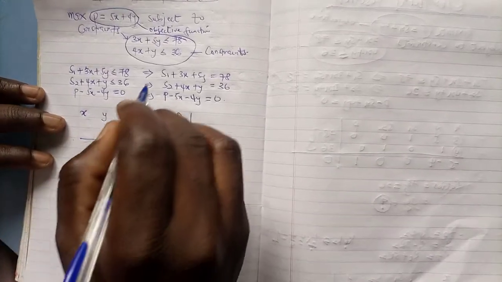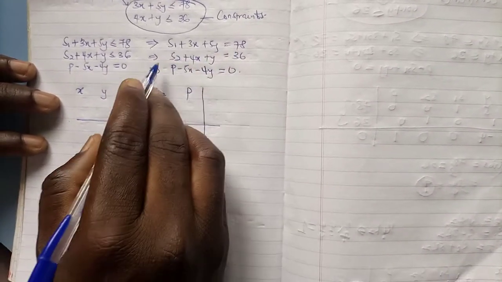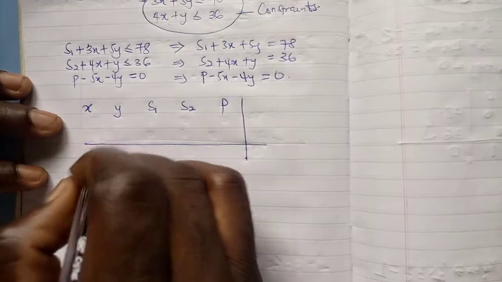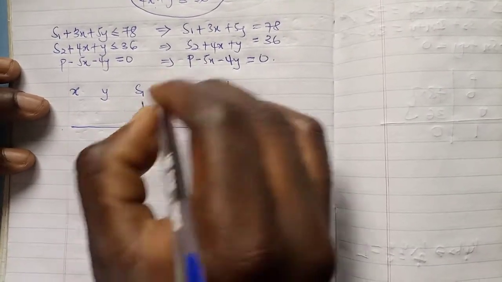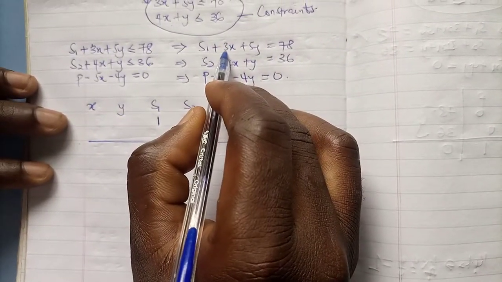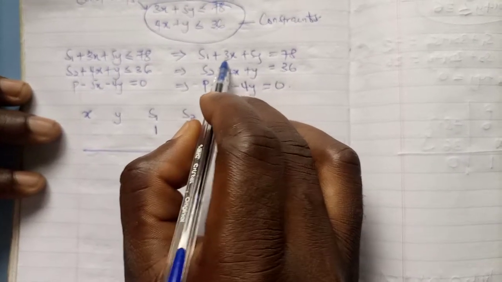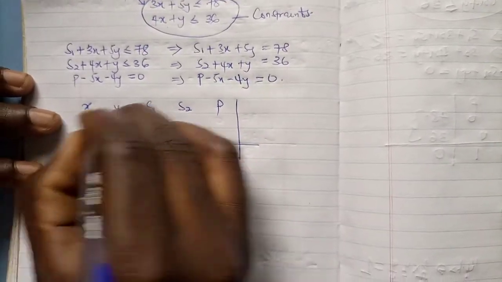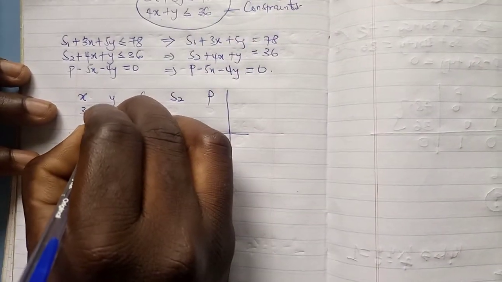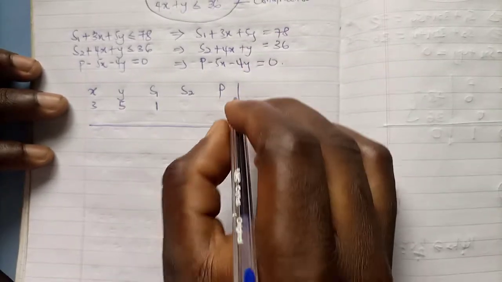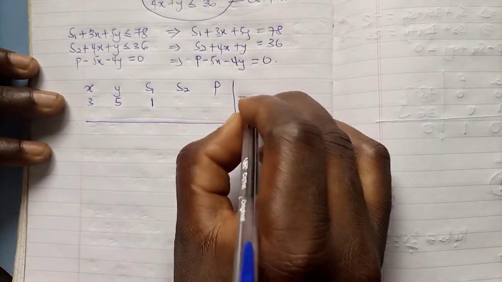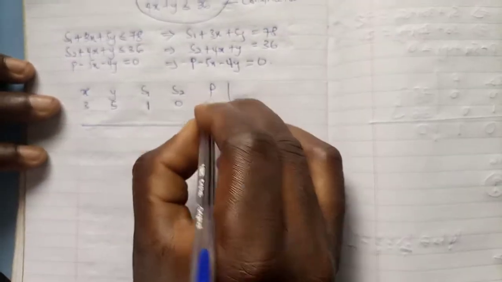So from here you see that the coefficient of S1 will be 1. The coefficient of x here will be 3. The coefficient of y here will be 5. Then we have the result, which is 78, 0, 0 here.